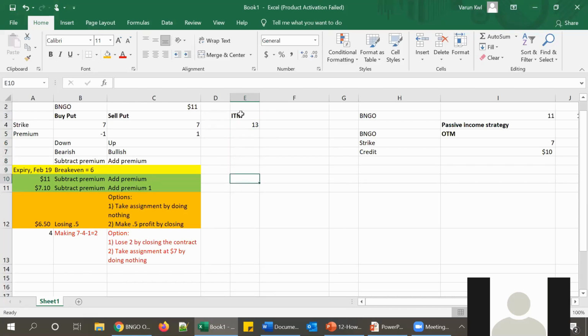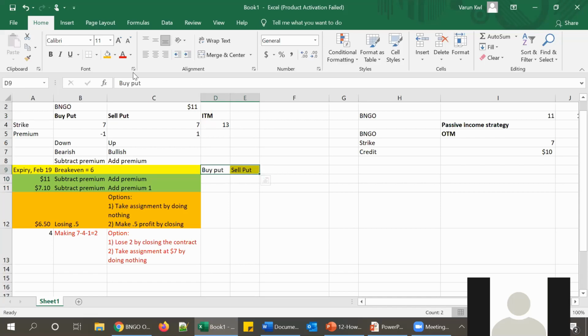If bingo is at $11, the buyer of a put is actually winning in this particular case.